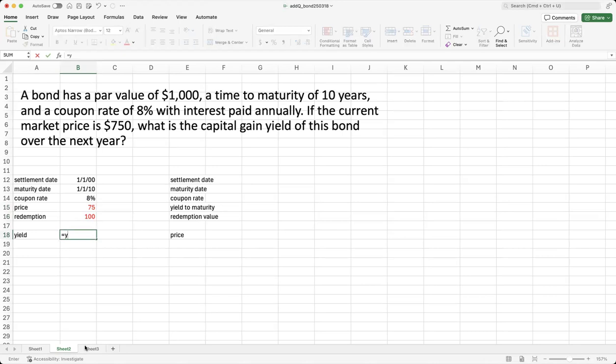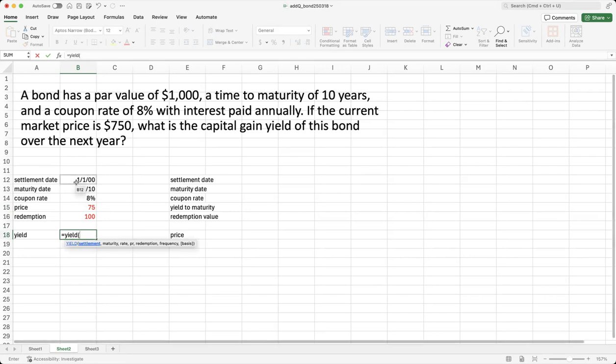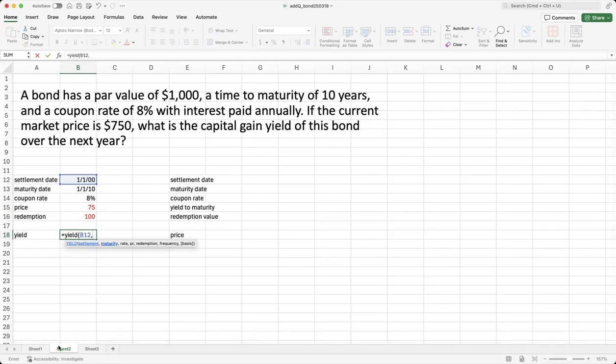Then we can calculate the yield to maturity using the yield function. You start the parentheses. It tells you to first enter the settlement date, then a comma, then the maturity date, comma, coupon rate, 8%, price, 75, redemption value, 100.